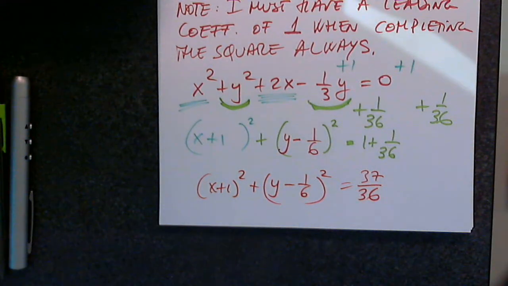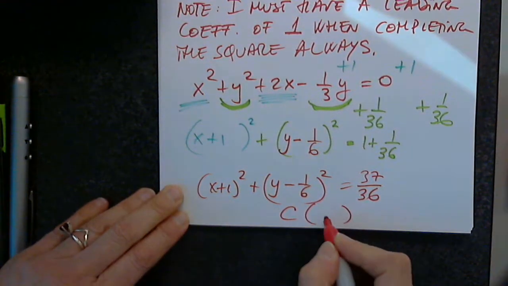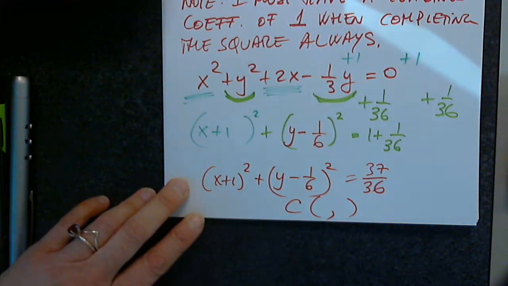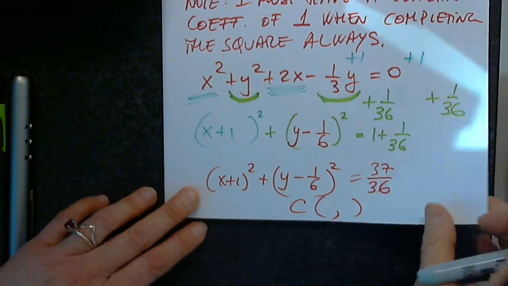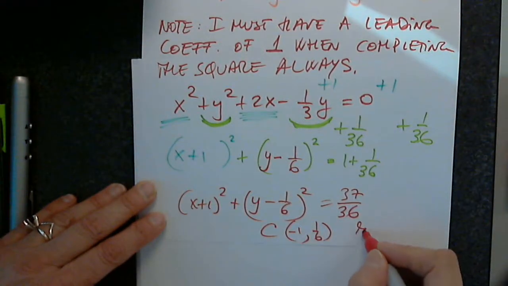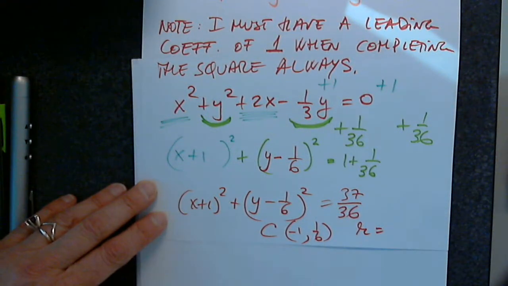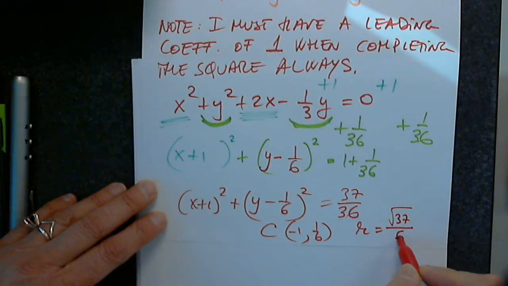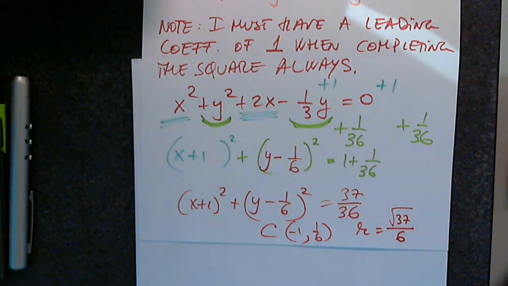And now if you ask me, I'll say yes. This is the equation of a circle centered at -1 and 1/6. Very good. And the radius, square root of 37 over 6.